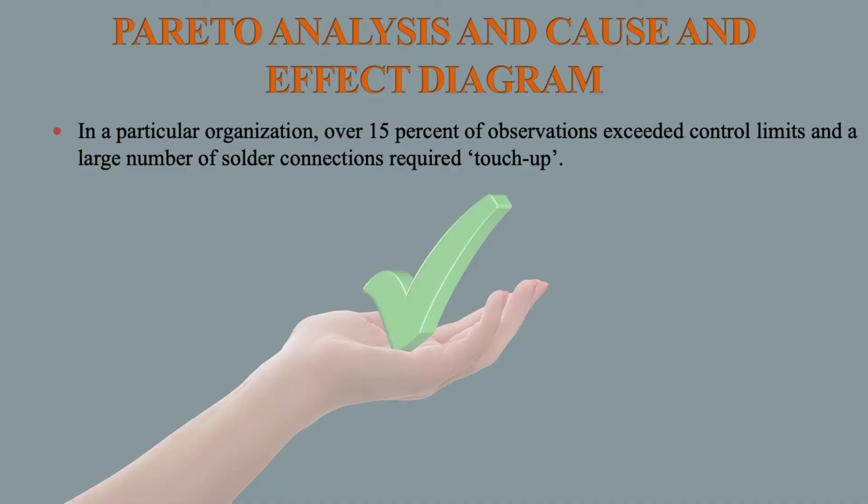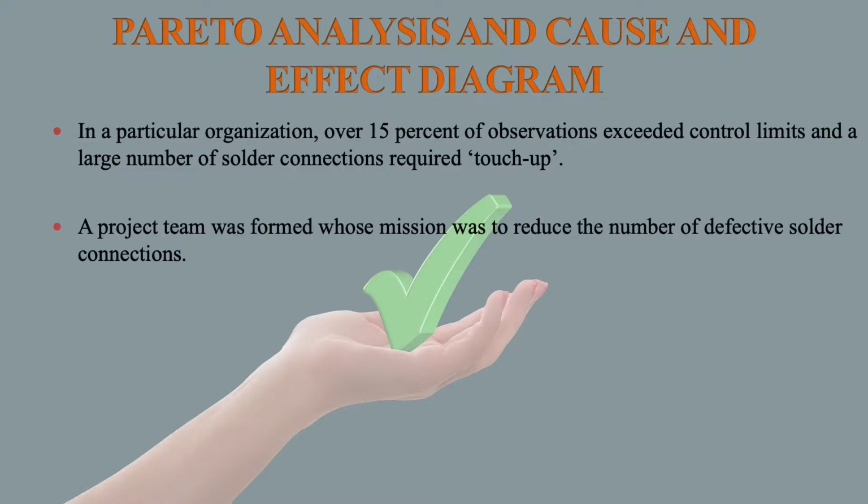In a particular organization, over 15% of observations exceeded control limits and a large number of solder connections required touch up. A project team was formed whose mission was to reduce the number of defective solder connections.